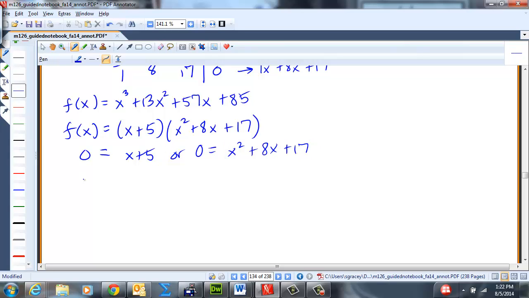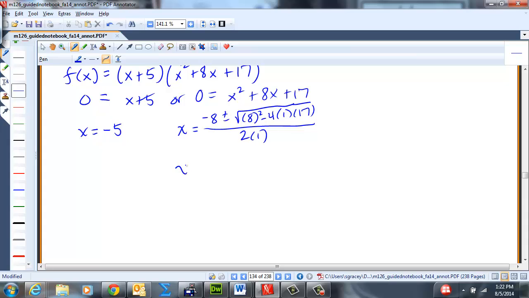We will have x is equal to negative 5 for the first one. I'm going to use the quadratic formula for the second. We'll get negative 8 plus or minus the square root of 8 squared minus 4 times 1 times 17, all over 2 times 1.